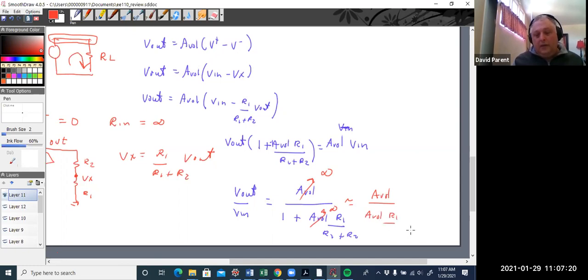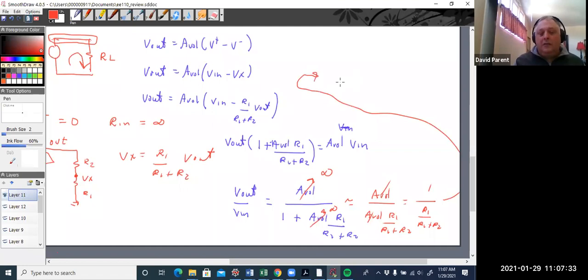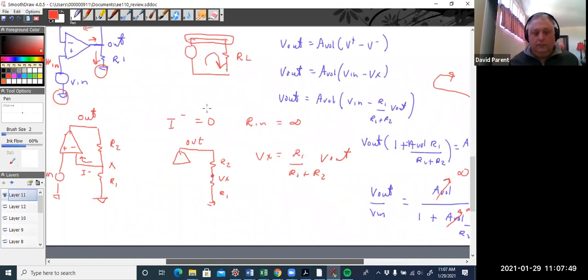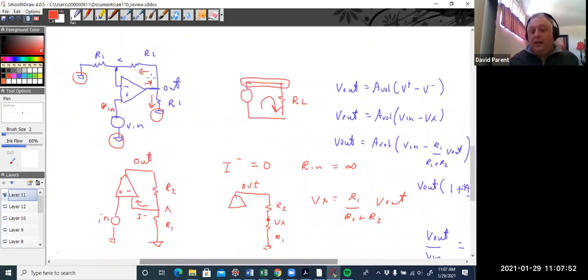And we're left with this, where the open loop gains cancel out, and we're left with our classic equation here. All right. Now again, you would just recognize that this is a non-inverting amplifier.